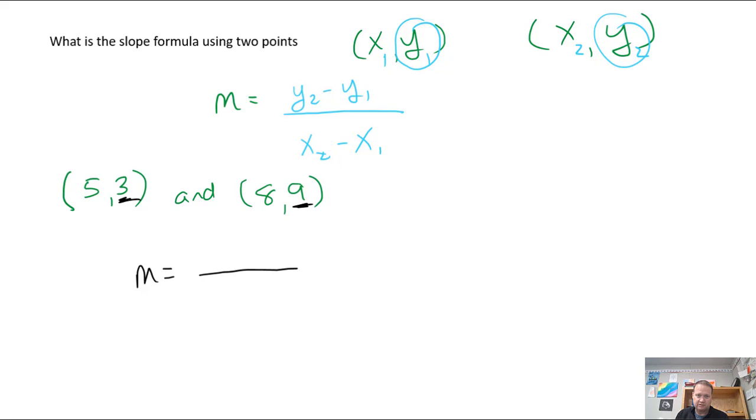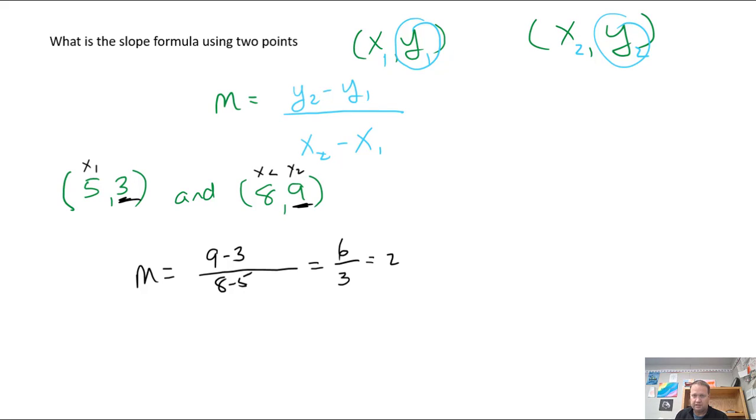So I'm going to go 9 minus 3, right? y2 is 9. So there's 9 minus 3. If 9 is y2, then 8 has to be x2, and this right here has to be x1. So on the bottom is going to be 8 minus 5. And then I just subtract: 9 take away 3 is 6, and 8 take away 5 is 3. So in this case, the slope is positive 2.